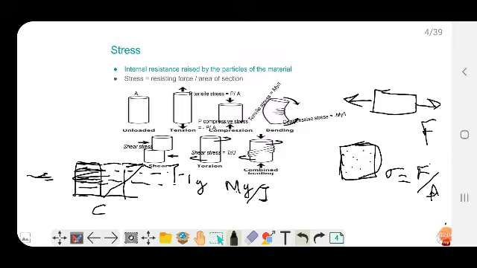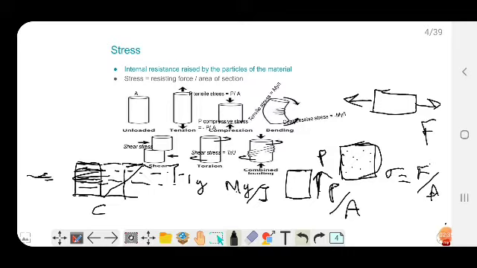And shear stress also, if some force P is acting, if this is the cross section and shear force is acting along the cross section in this way, force is P, shear stress is also given by P by A, where A is the area of cross section.